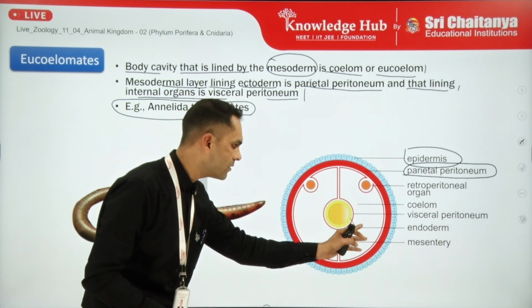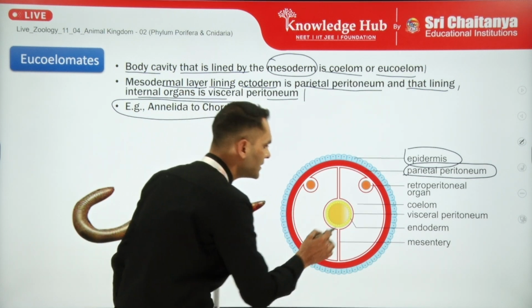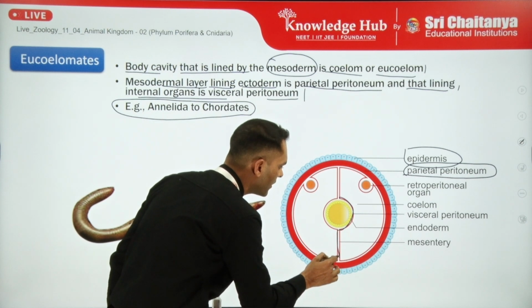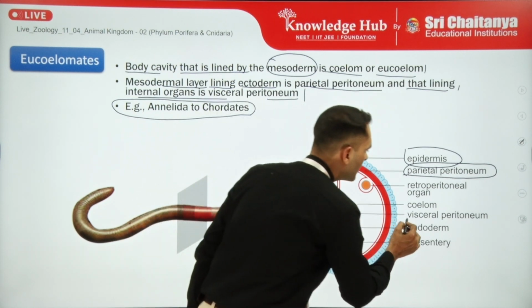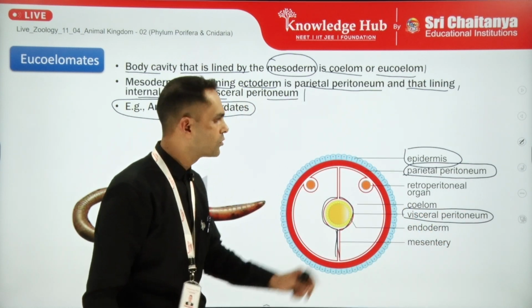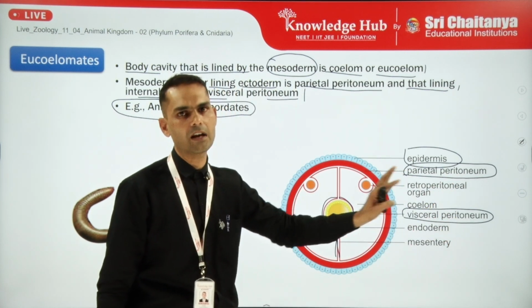Now coming back to this alimentary canal, we can see that there is another peritoneal layer present outside the alimentary canal layer. It is also of mesodermal origin. This is called as visceral peritoneum. So both parietal peritoneum as well as visceral peritoneum are mesodermal in origin.